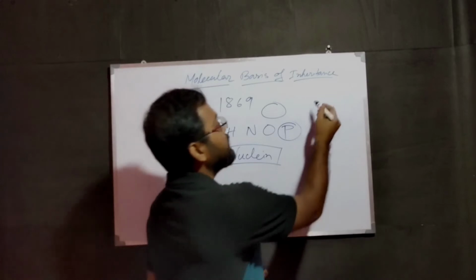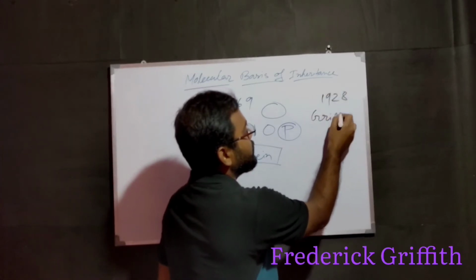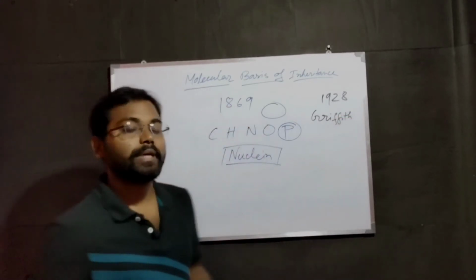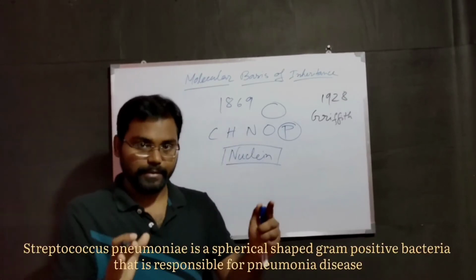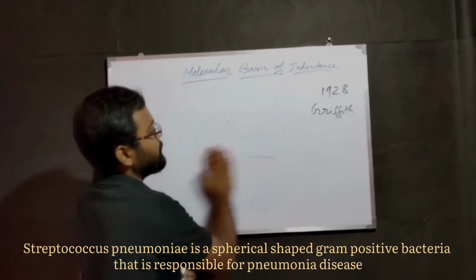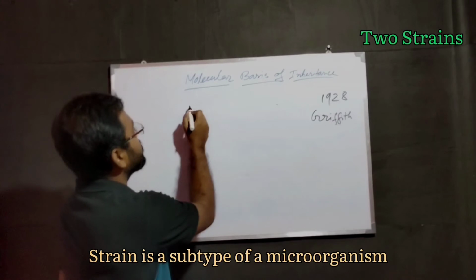Then in 1928, Griffith, a British medical officer, was working with Streptococcus pneumoniae, the bacteria that is responsible for pneumonia. He was working with two strains of Streptococcus pneumoniae.